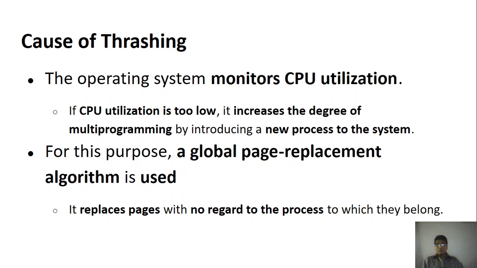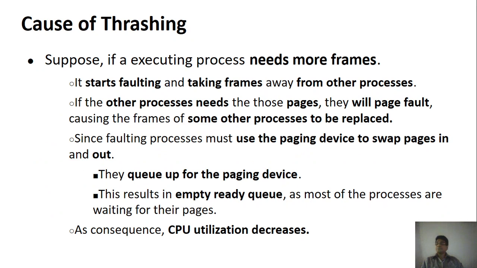To introduce a new process, it uses a global page replacement algorithm. This algorithm will search for a victim page, regardless of the process, find one frame, and fill it with the newer page that is being brought in.